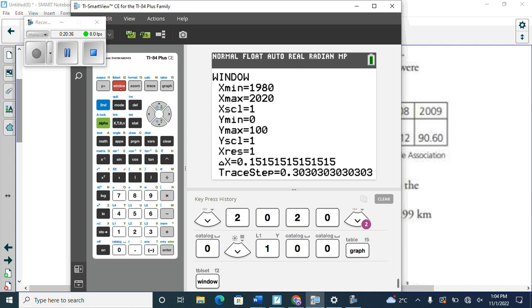Okay, go to your y equals now. You just calculated it twice and it got set in twice. Okay, we're going to example 2. The very first thing you're going to do is go to your y equals and clear it out. Every single new question, you're going to go to your y equals and clear it out as your very first step. Why is that the case? Why do you think I'm pushing that?